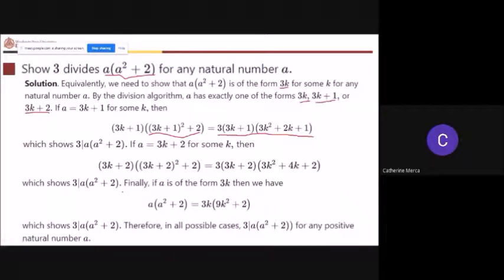But if it is of the form 3k, notice that a squared is replaced by 9k squared plus 2. So again, meron tayong factor na 3. Therefore, in all possible cases, 3 divides a squared plus 2 for any positive natural number.